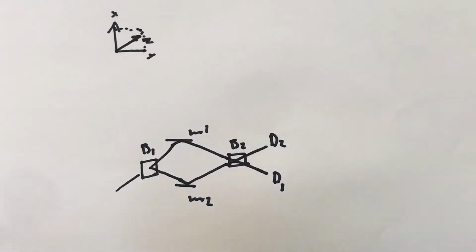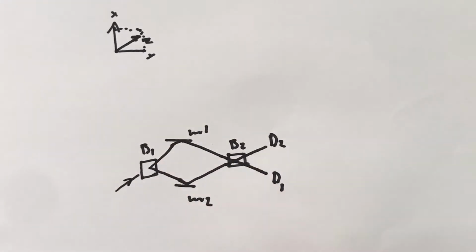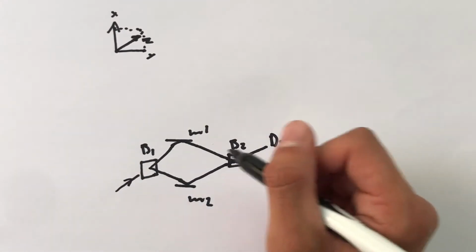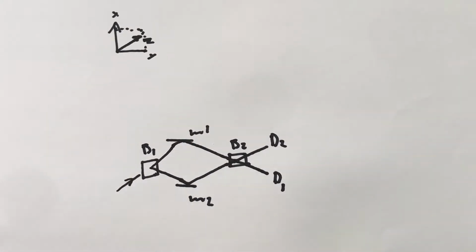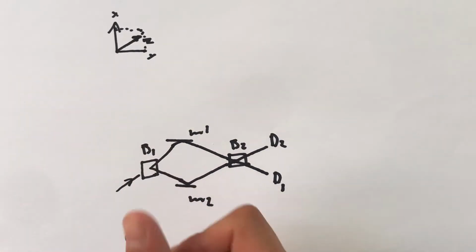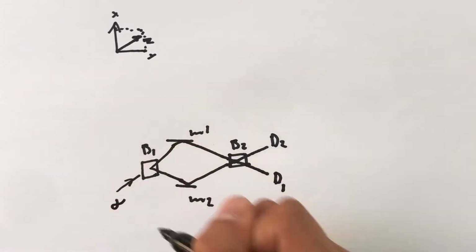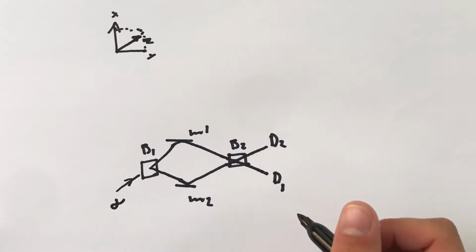The problem here is that if you were to shine light through here, you will of course have interference right in this point. What is weird is that if you only shine one photon of light at a time, you will still get interference.